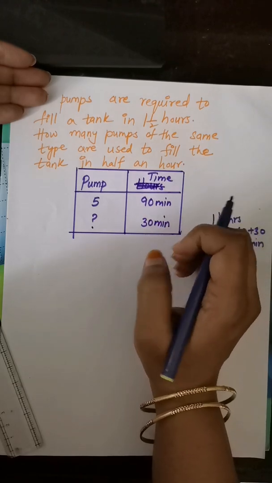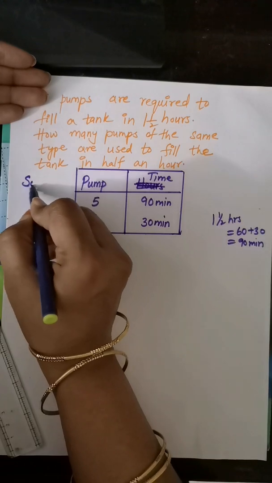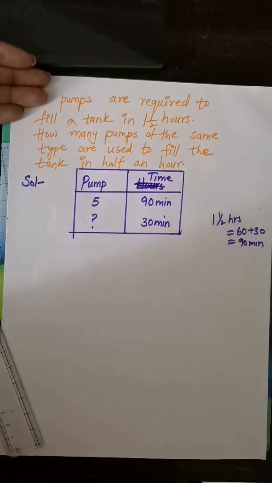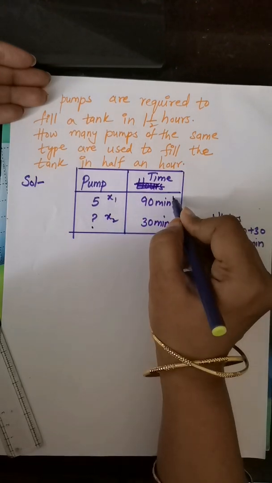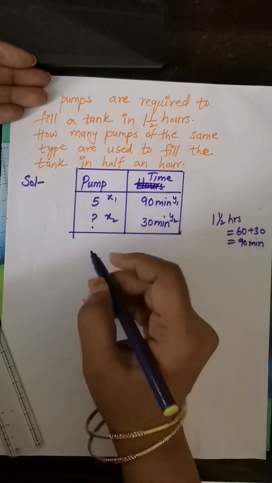So, observing the question, we conclude that the sum is based on inverse proportion. So, this is x1, x2, y1, y2.